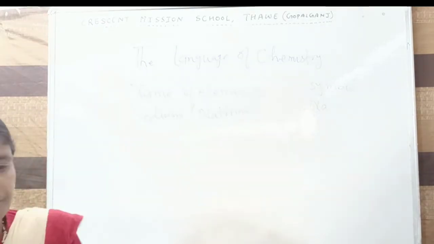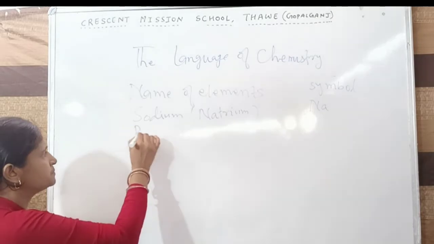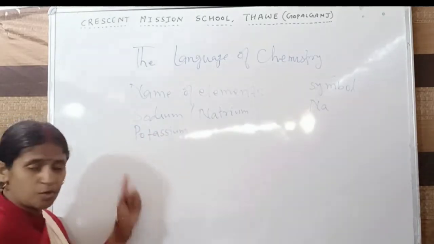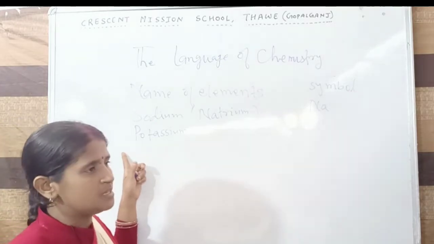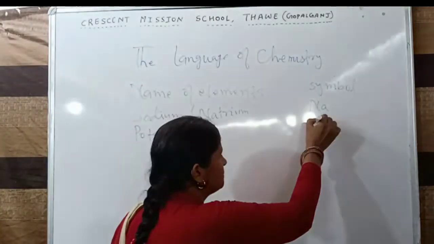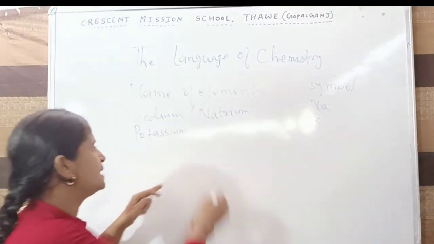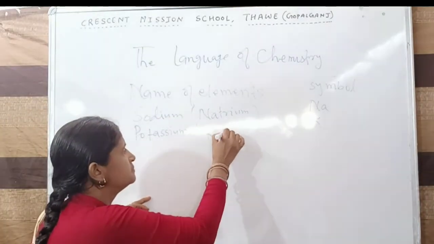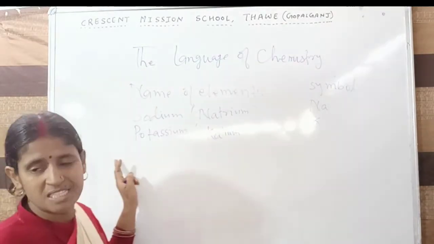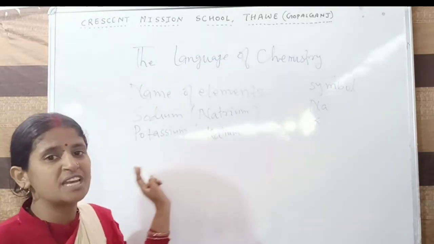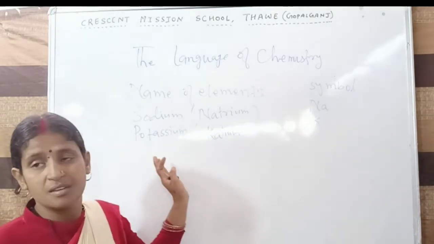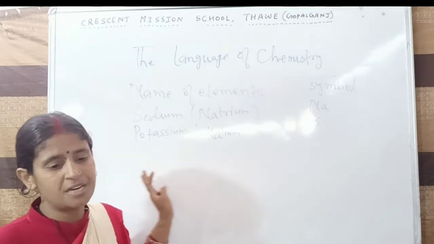In the same way, potassium, its starting letter is P, but its symbol is not P. Its symbol is K, due to its Latin name kalium. The symbol of potassium is K, because the Latin name of potassium is kalium, and its symbol is K on the basis of its Latin name.